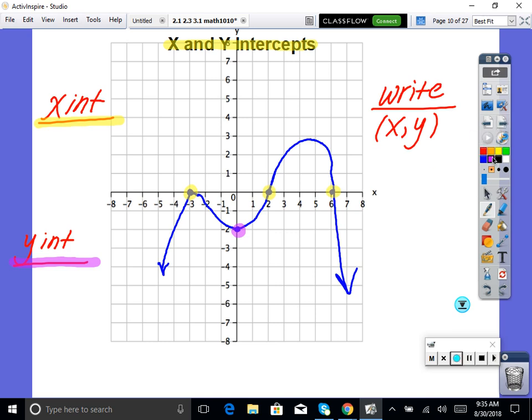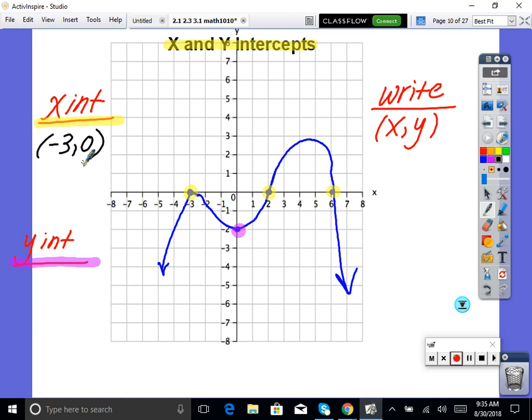All right. Now let's talk about how you should write x and y intercepts correctly. So x-intercepts are where it intercepts the x-axis. Y-intercepts are where it intercepts the y-axis. People always get this backwards, but just think a little bit. We always go over x, then up y. So my x-intercept would be over -3 up 0.